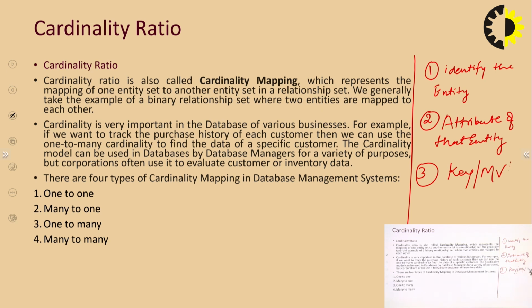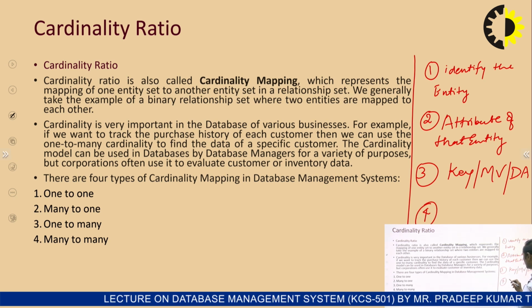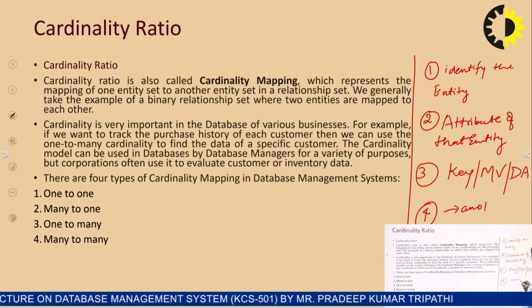If possible, we can also identify the derived attribute. After filling in these three things, we identify another entity and follow the same process.